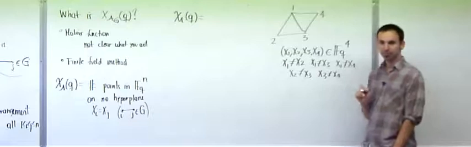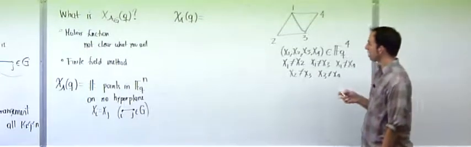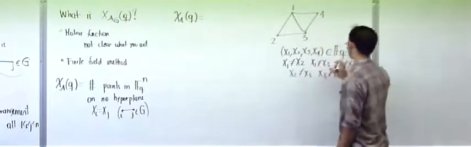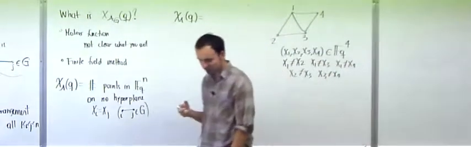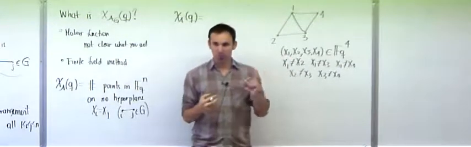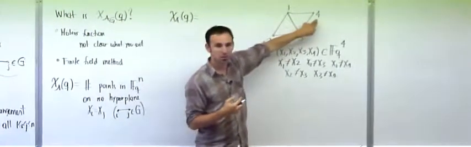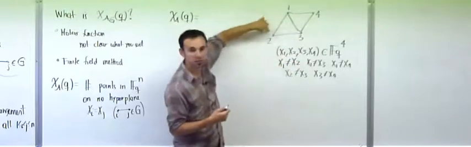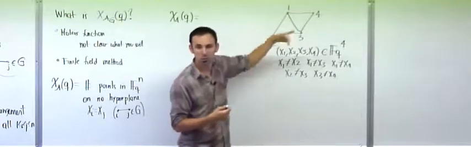Right? That's what I need to do. And it turns out actually that there's a useful way of thinking about this. From this point of view, you should definitely not be intimidated by finite fields. Here, each one of these numbers is just a number between 0 and q minus 1. And so all I'm saying is assign numbers to the vertices, and make sure that you don't assign the same number to two neighbors. You don't assign the same number to 1 and 2, to 2 and 3, to 1 and 3, and so on.